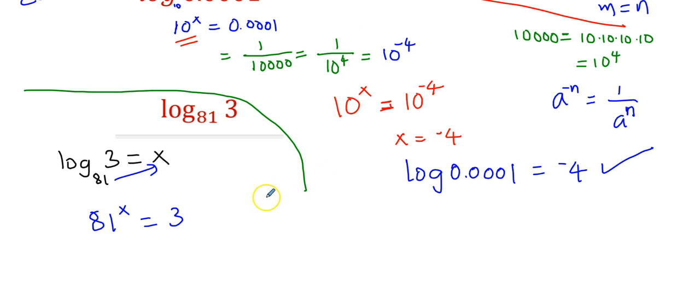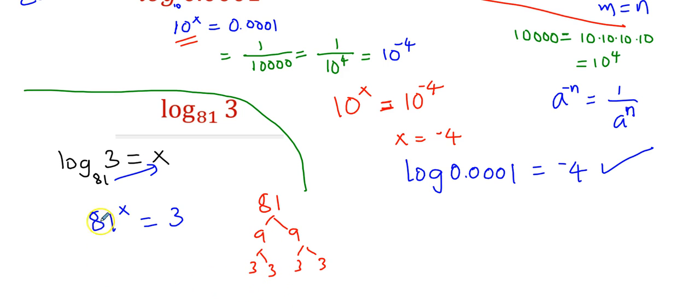How? 81, you know that it is 9 times 9, and 9 is again 3 times 3. Altogether, when 3 is multiplied 4 times, the product is 81. So 3 times 3 is 9, 9 times 3 is 27, times 3 is 81.